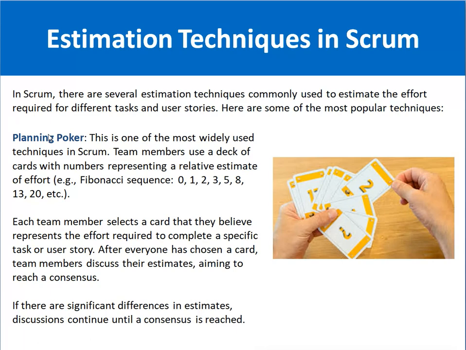Based on the relativity and complexity among the stories or feature set, we define the points. Once everyone has reached consensus, we conclude the session. If there are significant differences in the estimates, we continue the session until everyone reaches a consensus.